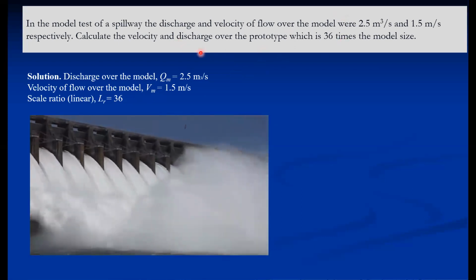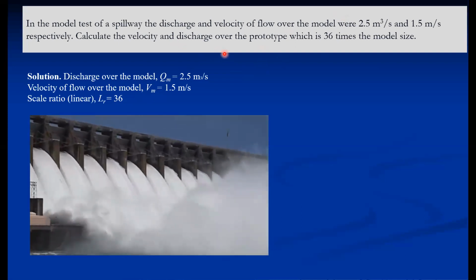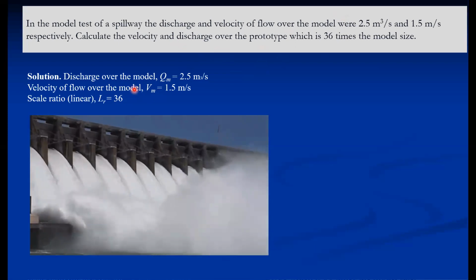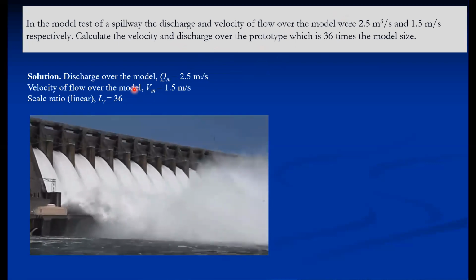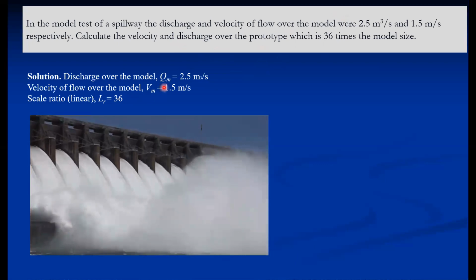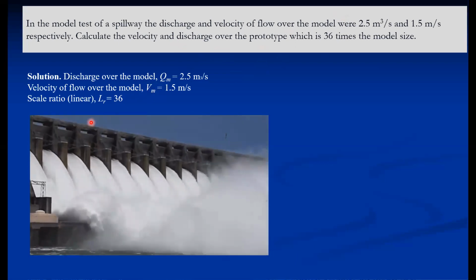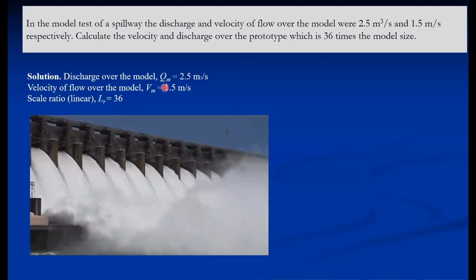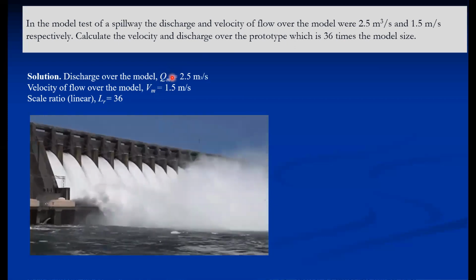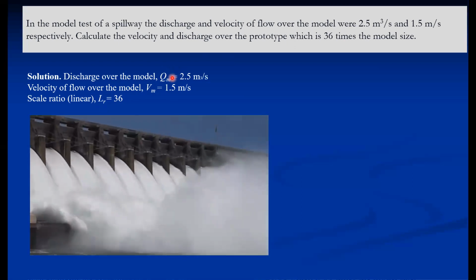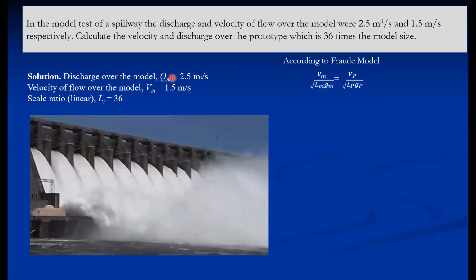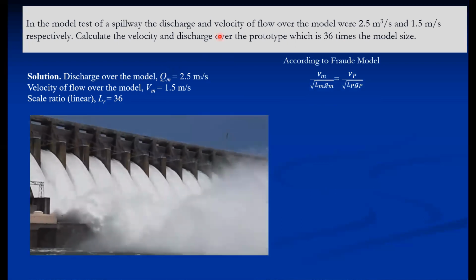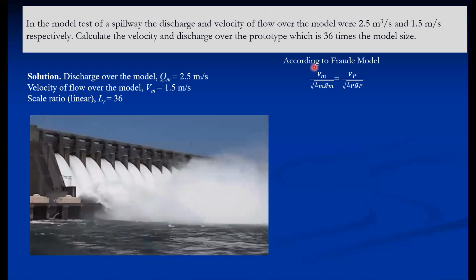Now we have to calculate the velocity and discharge over the prototype, so we have to use the Froude model law. The velocity ratio Vp by Vm is under root Lr, so easily we can derive this. And with the help of the continuity equation, we can calculate the discharge as well. According to the Froude model, we have V upon under root Lg for the model equal to V upon under root Lg for the prototype.